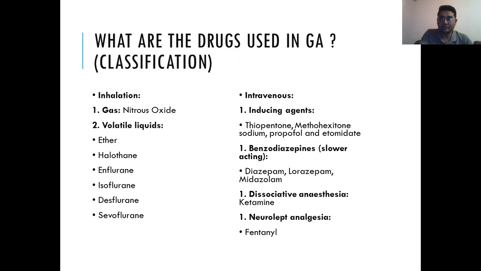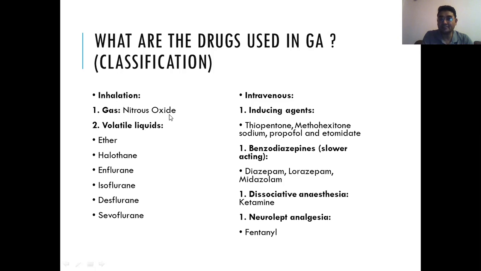So the classification of our anesthetic agents, the pharmacology of anesthetic drugs, is in two groups: inhalation anesthetics and intravenous anesthetics. On the left side, you see inhalation anesthetics; on the right side, intravenous anesthetics. Inhalation anesthetics are classified in two kinds: gas and liquids.